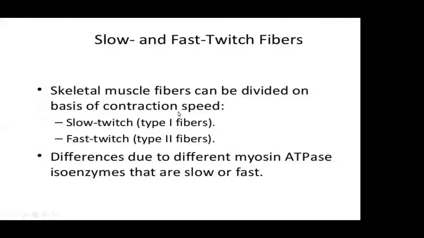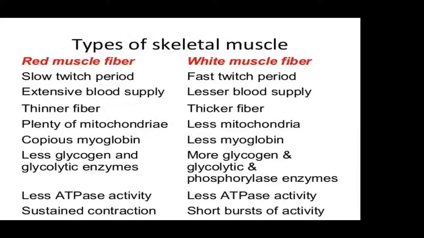Now let's see about the slow and fast twitch fibers. We have said that skeletal muscles can be divided into slow and fast twitch fibers. Differences are due to different myosin ATPase isoenzymes that are slow or fast.